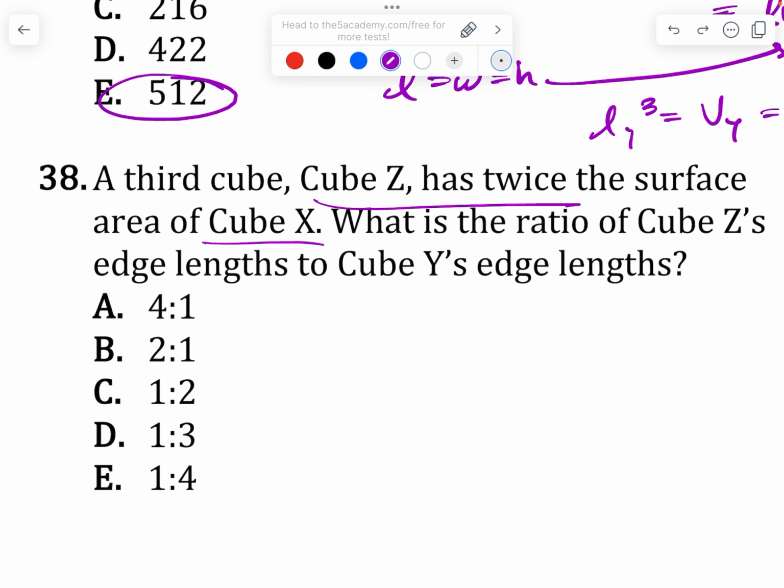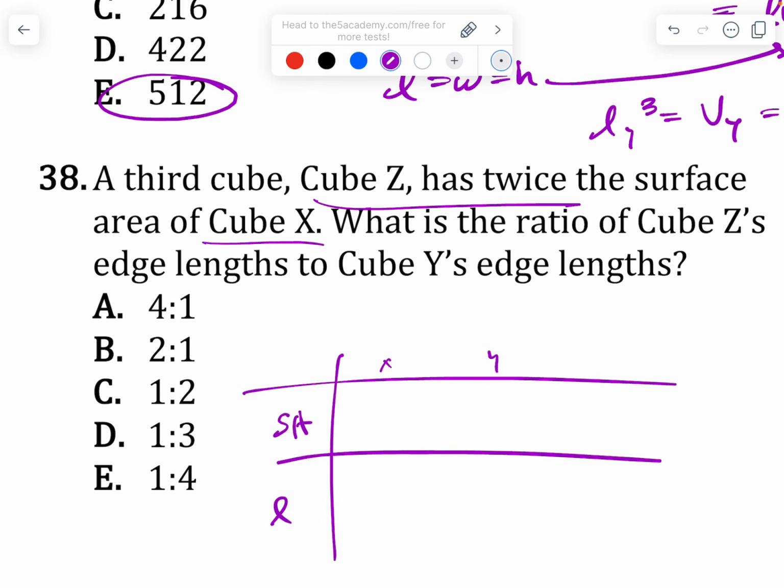Surface area, length, x, y, z. So from x to y, our surface area doubled. From y to z, it also doubled. My edge length from x to y increased by square root of 2.